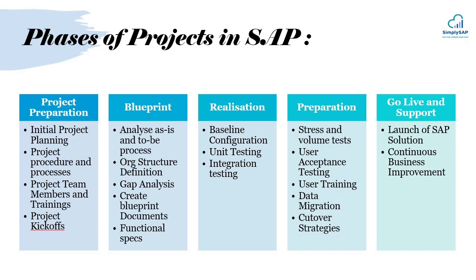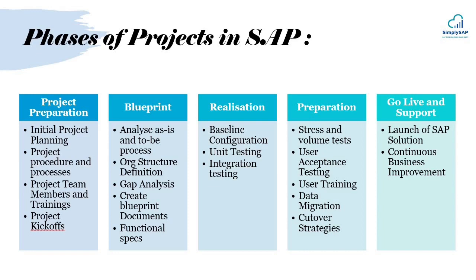Then is go live and support. The go live phase marks the official launch of SAP solutions. After going through all these phases, project preparation, preparing a blueprint, then doing the testing, then doing the final preparation, you have to go live and give support to your client.